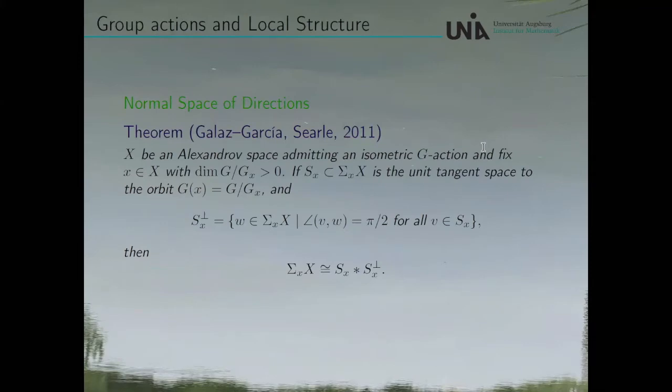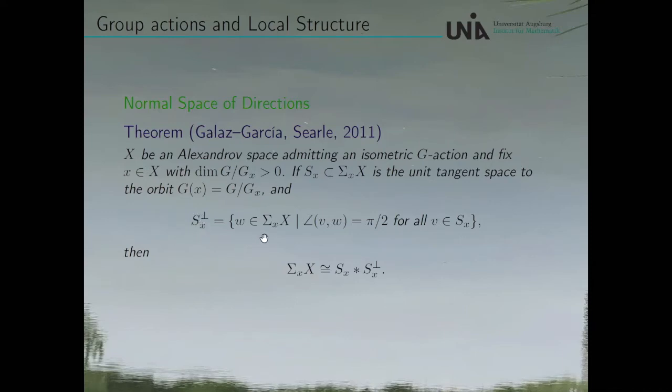Now, in the presence of a Lie group action, we have a nice description of the orbit space. It says that if we have an isometric action on an Alexandrov space, in each orbit, which is a Riemannian manifold, we take the tangent space, and in this tangent space, we take the sphere. And we take the perpendicular space to this sphere, that is S_x perp.